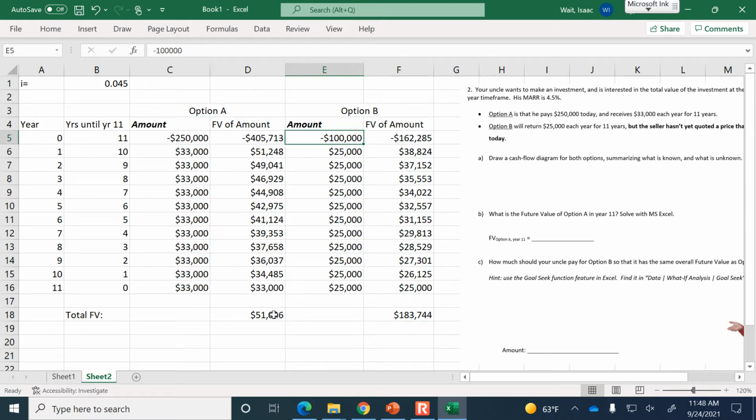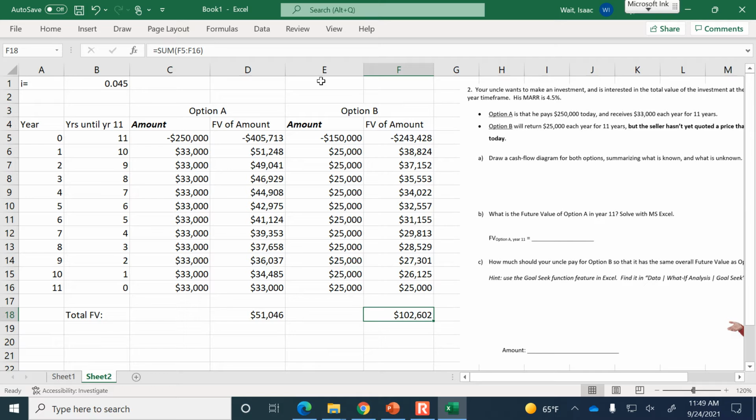So our goal is we want to make these two things equal. Okay, so you can manually adjust it. Like, look, we're going to get closer if I type in minus 120,000. If he pays 120,000, then that means the future value of the profits is $51,000. If he pays $150,000, it's getting closer to that.